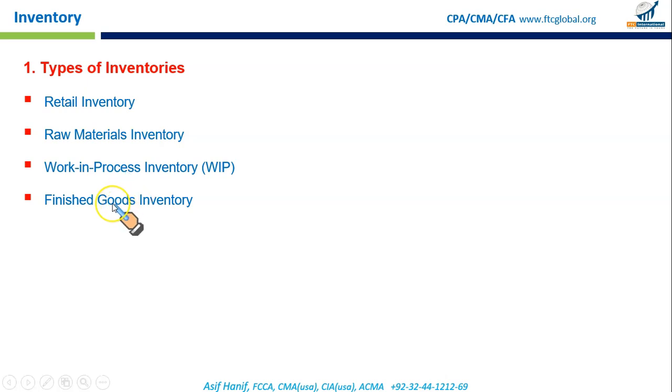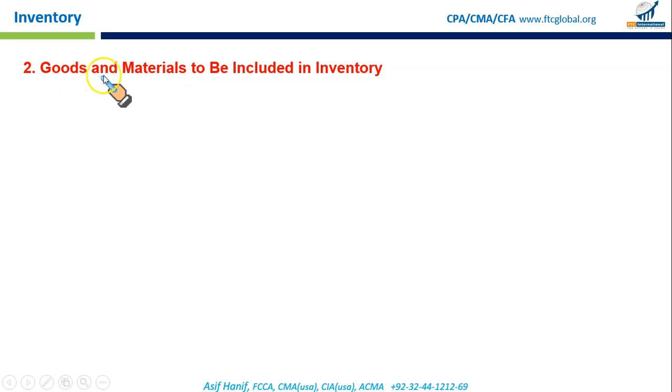And finally, finished goods inventory is inventory that has been completed. The production process is over and now it's ready. Take car assembly: a fully assembled and packaged car ready for delivery to the customer is what you call finished goods inventory.